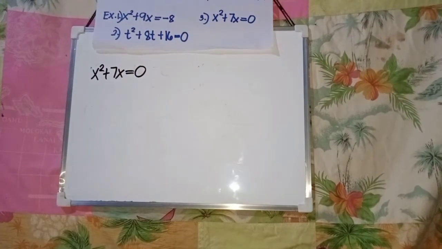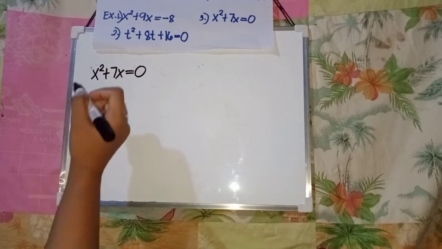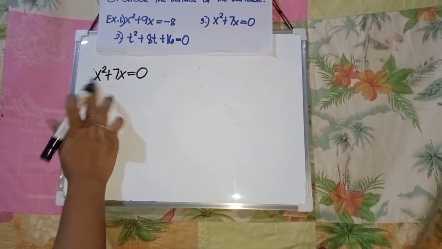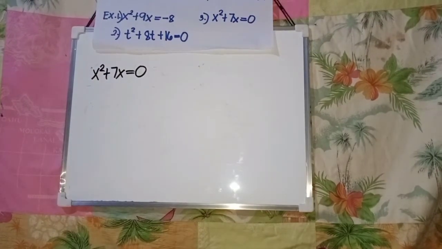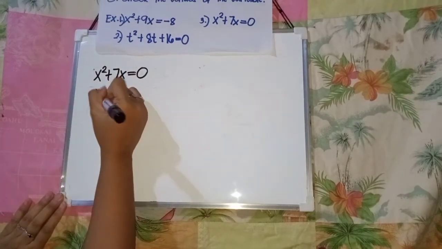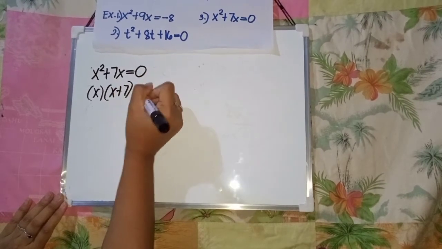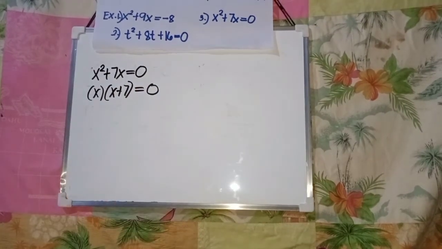As we can see, the value of our c is 0. So, we only have the a and the b and we don't have the c. Since it was already equated to 0, we need to factor this out. What is the factor of x squared plus 7x? It would be the quantity of x times x plus 7 is equal to 0.